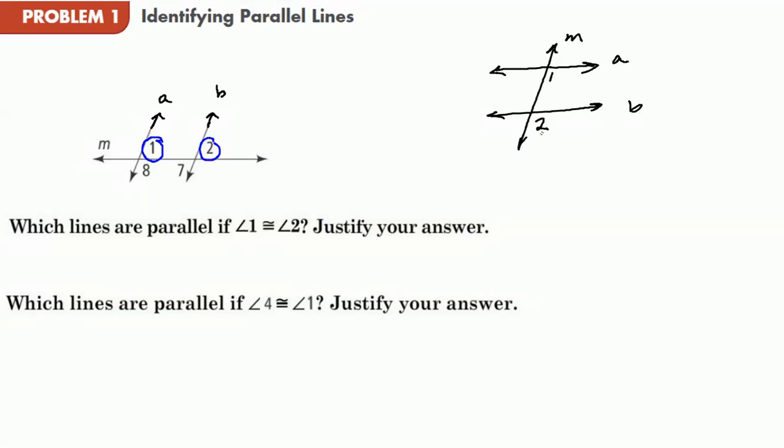So angles 1 and 2 happen to be corresponding. And because they are equal, and corresponding angles are equal only when lines A and B are parallel, we are going to say that lines A and B are parallel using the converse of corresponding angles.